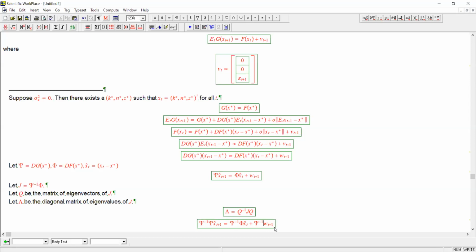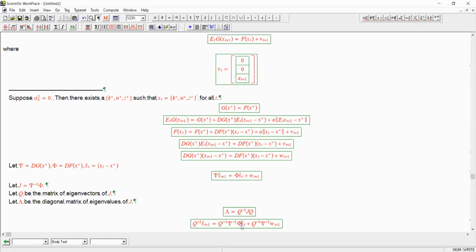And now let's pre-multiply everything here by the inverse of Q. Great. What happens next? Well, these two matrices are inverses, and so they equal the identity matrix.